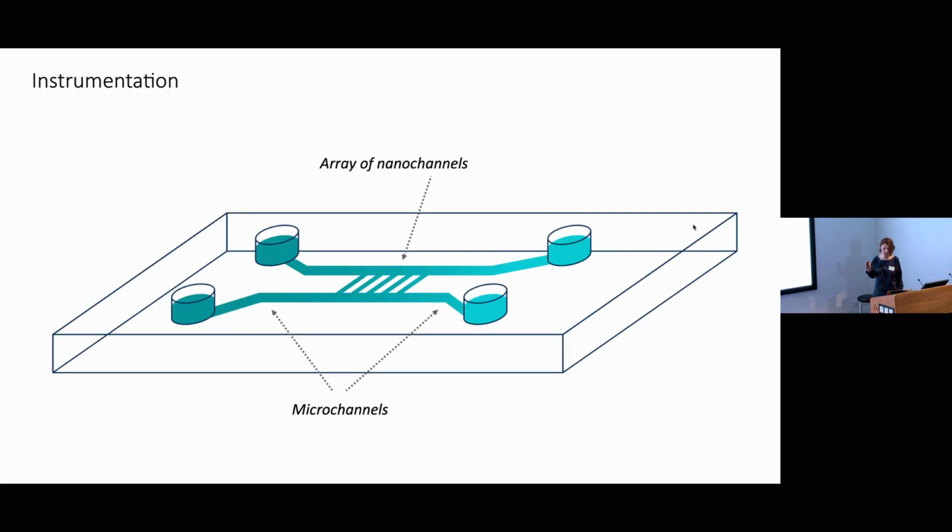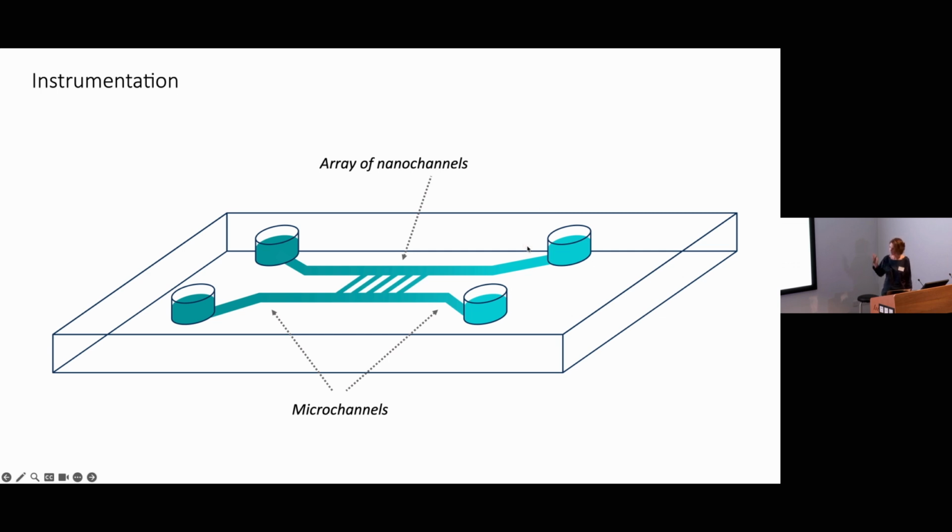Regarding instrumentation, the most essential part is the fluidic chip, which contains a series of nanochannels, which are connected to the sample containers through big microchannels.